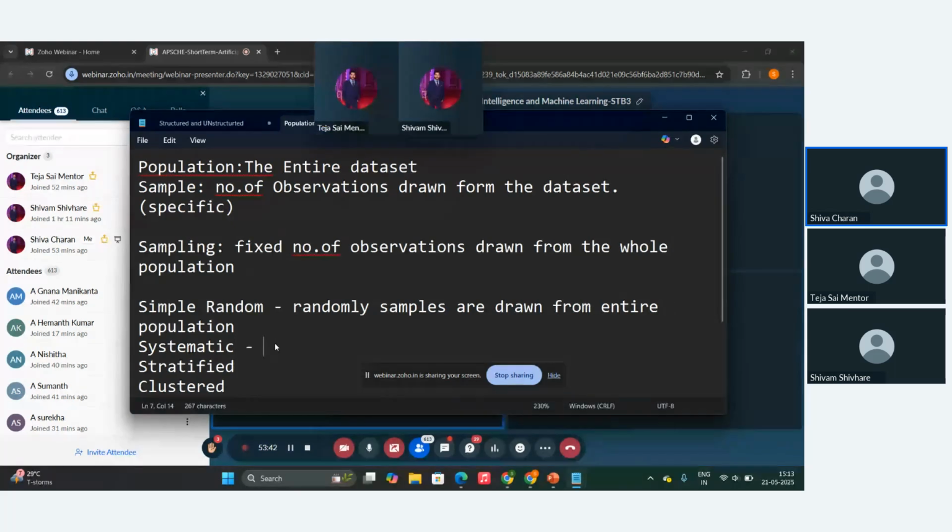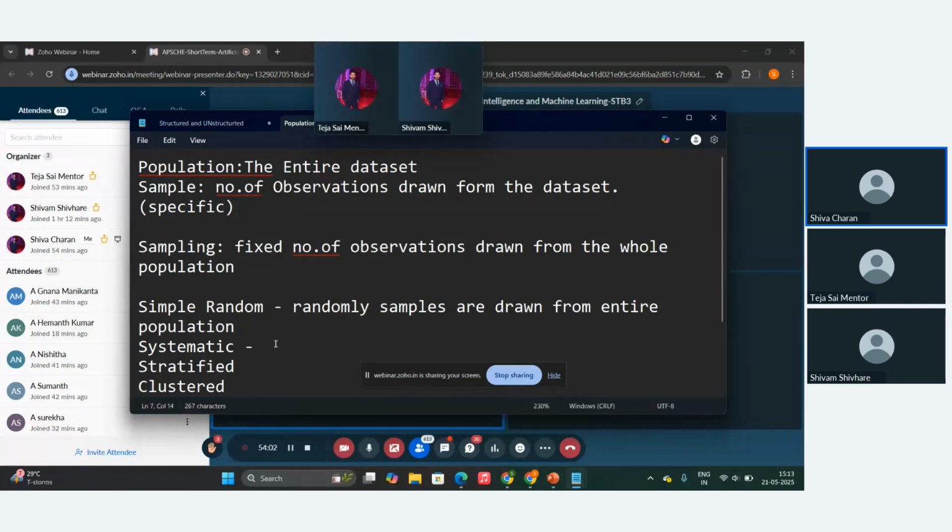What is systematic sampling? Systematic sampling means we'll be considering the rows at regular intervals. Let's say there is a huge line, and we are considering every alternate person.